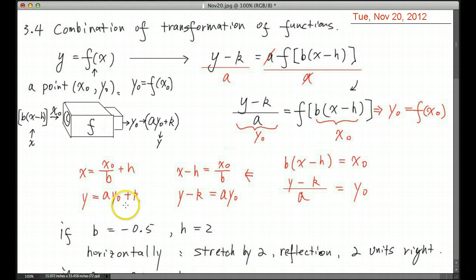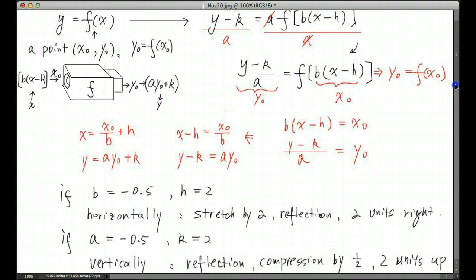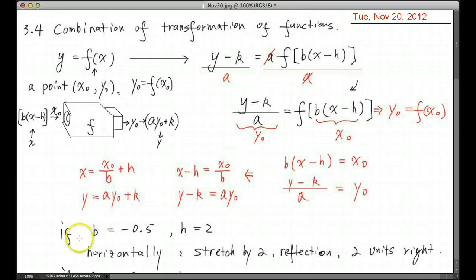If we describe this using transformation terms, we can look at an example. If b equals negative 0.5 and h equals 2, the original x coordinate is divided by negative 0.5.